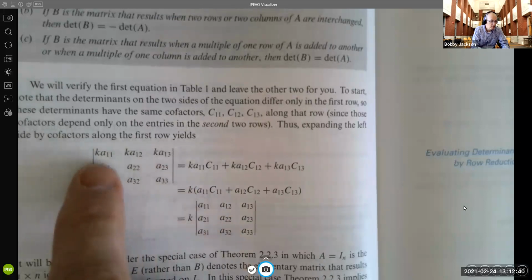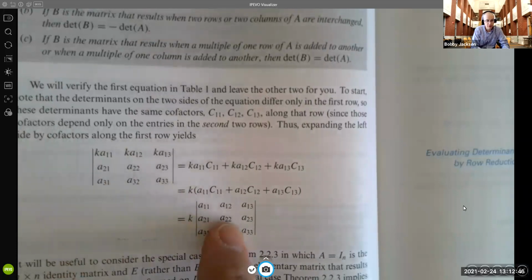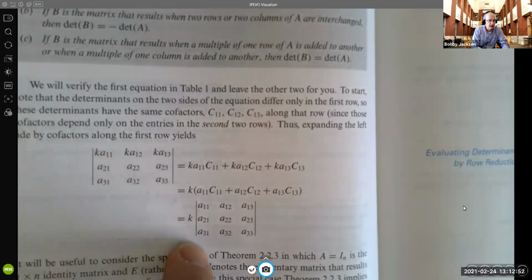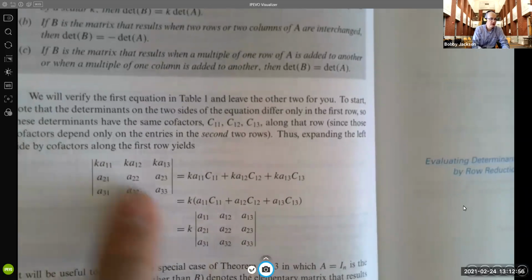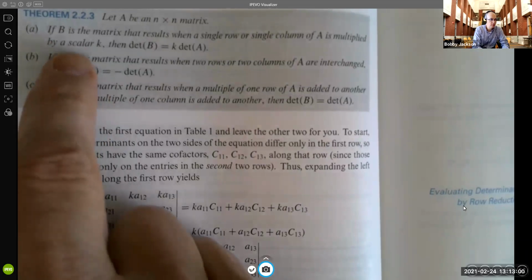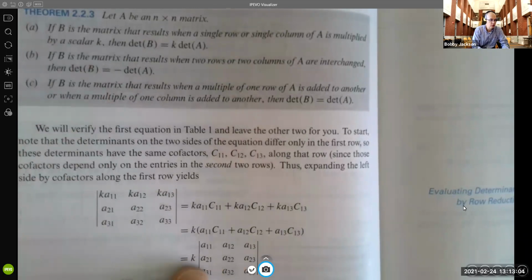Note that when we multiply by the reciprocal 1 over k, the determinant of this matrix is k times the determinant of this matrix. So it's as if we are factoring out the k from the determinant. That's the way this relationship in theorem 2.2.3 part A is exhibited in the process of row reduction.